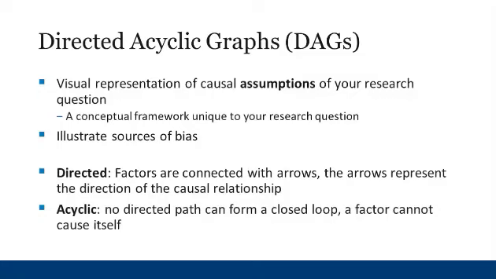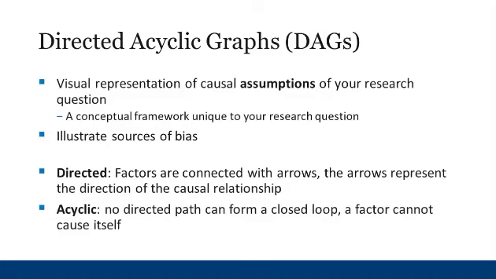And then the last three slides here, I wanted to introduce, and like I said, this is very much an overview of research design topics, because I think directed acyclic graphs are really their own topic through and through, and could be their own presentation, but they're so useful for thinking about research design. And so I definitely encourage you to look them up. There's a couple of references and resources at the end of this presentation that you can use to get started looking them up.